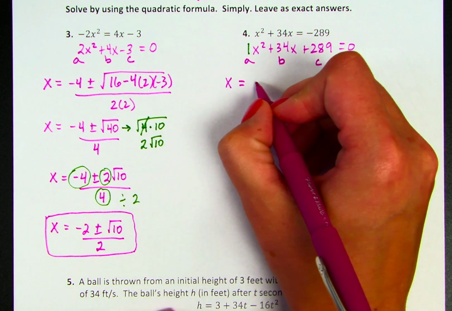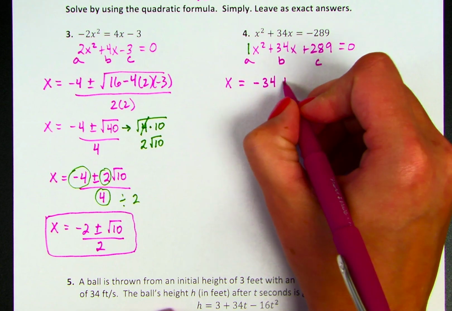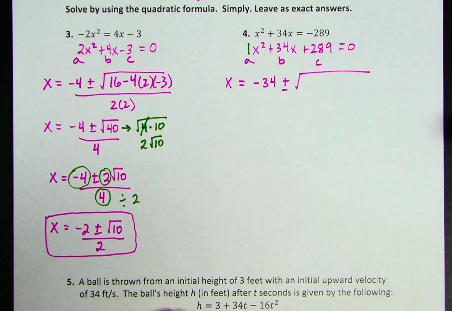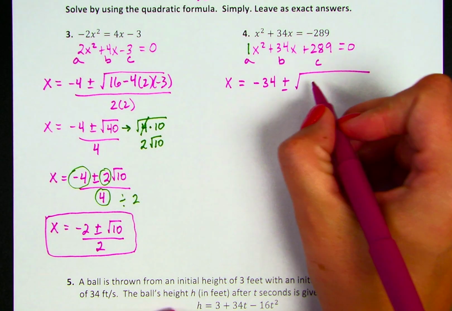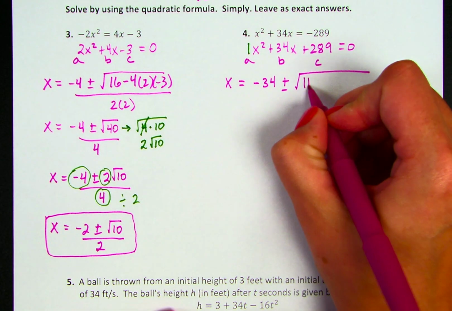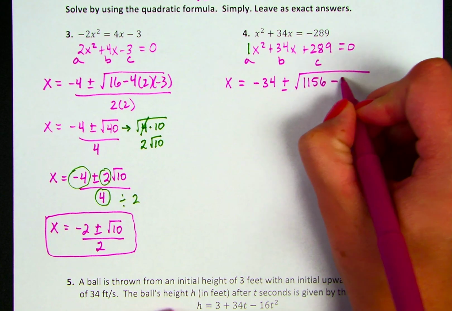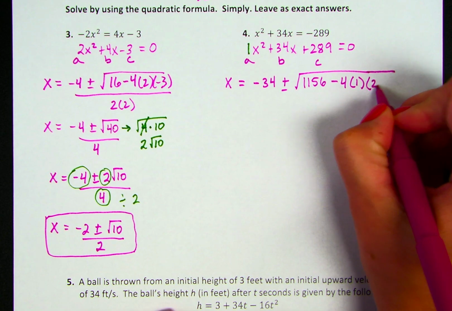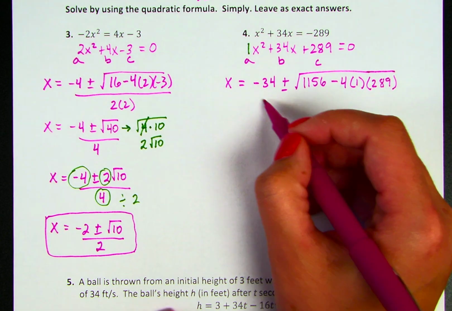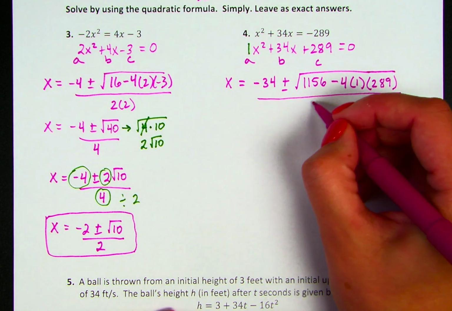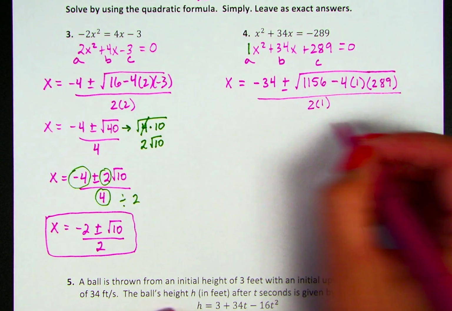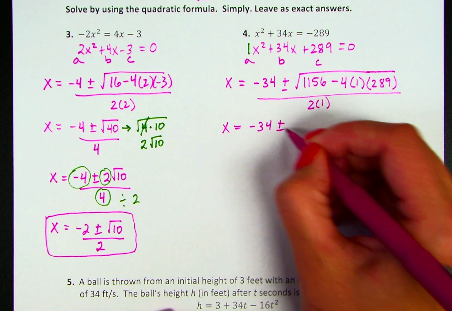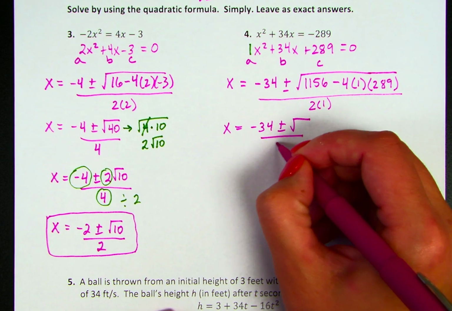So x equals negative 34 plus and minus the square root of 34 squared, which is 1,156, minus 4 times 1 times 289, and then this will all be over 2 times our A, which is 1.